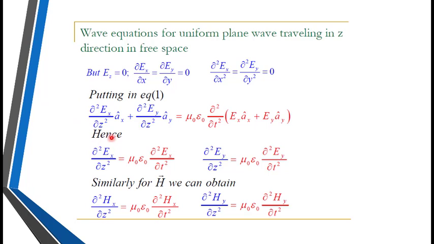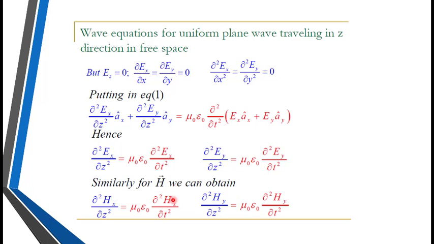So this part is equal to this much part. So after equating, what we get? ∂²Ex/∂z² is equal to μ0 ε0 ∂²Ex/∂t². Variation of Ex with respect to z axis is equal to μ0 ε0 variation of Ex with respect to time. And similarly, the second equation we got is ∂²Ey/∂z² is equal to μ0 ε0 into ∂²Ey/∂t².